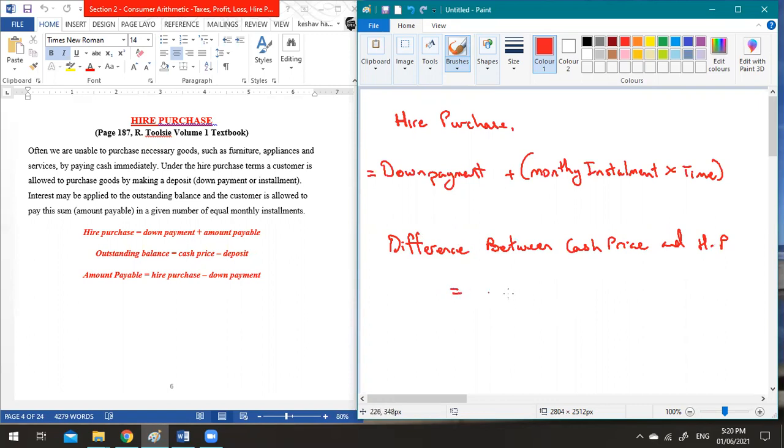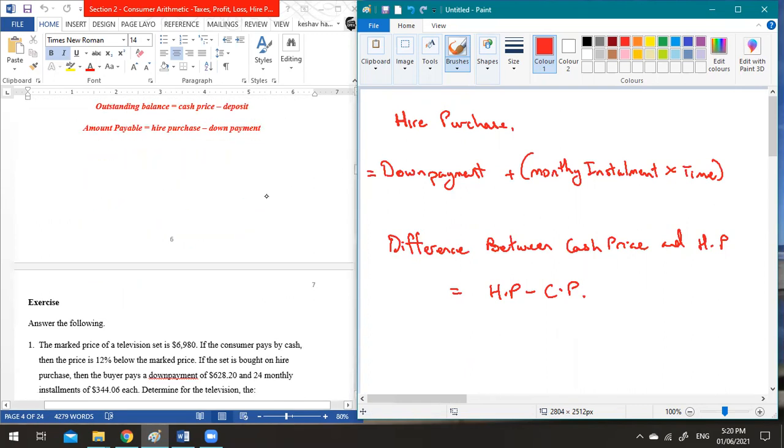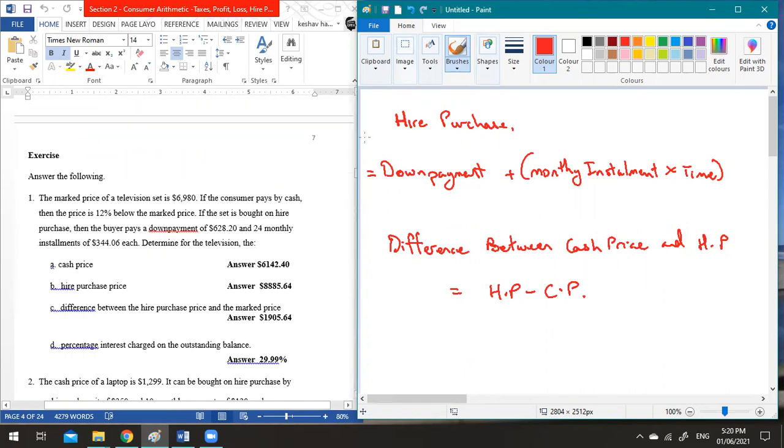And the difference is the hire purchase price minus the cash price. This is something that they would ask all the time, right? So like these would apply like if you go to Courts and so on to buy stuff, right?